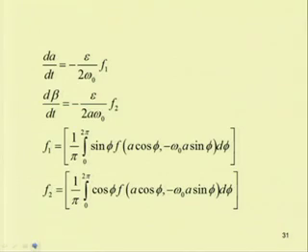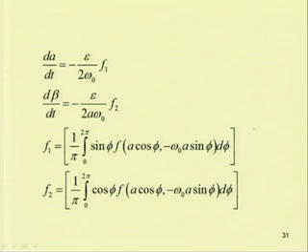So, one can write this equation again in this form, that is dA by dt equal to minus epsilon by 2 omega 0 into f1, and d beta by dt equal to minus epsilon by 2 a omega 0 into f2, where f1 equal to 1 by pi integration 0 to 2 pi sin phi f(a cos phi - omega 0 a sin phi) d phi, and f2 equal to 1 by pi integration 0 to 2 pi cos phi f(a cos phi - omega 0 a sin phi) d phi.